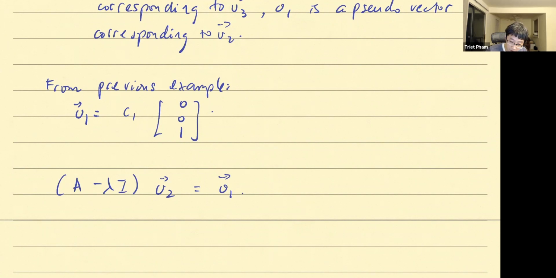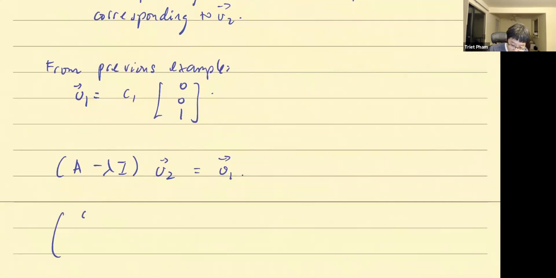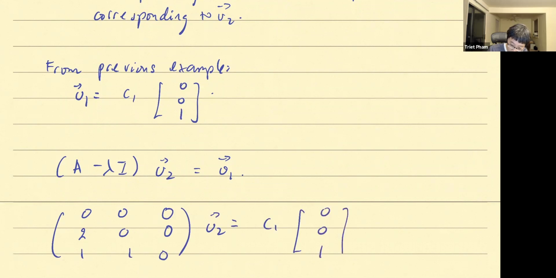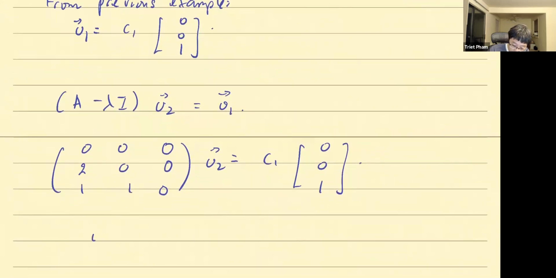Right? So A minus lambda I is 0, 0, 0, 2, 0, 0, 1, 1, 0. Yes. What's my v2?